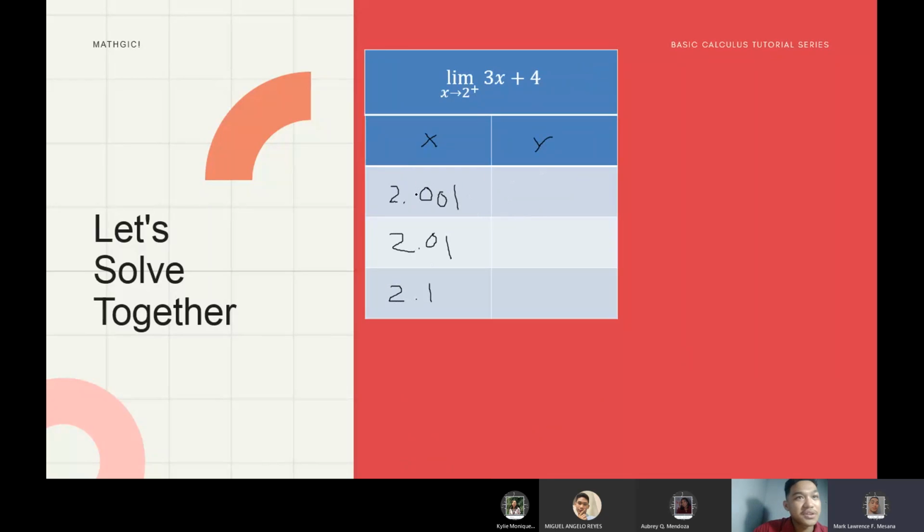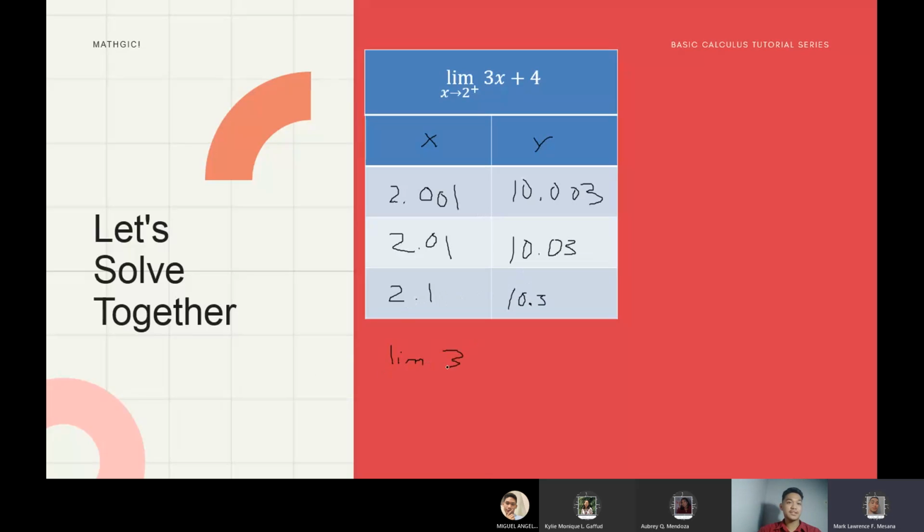When we substitute these values into our function, we have 10.003. For 2.01, we have 10.03. In the last one, we have 10.3.